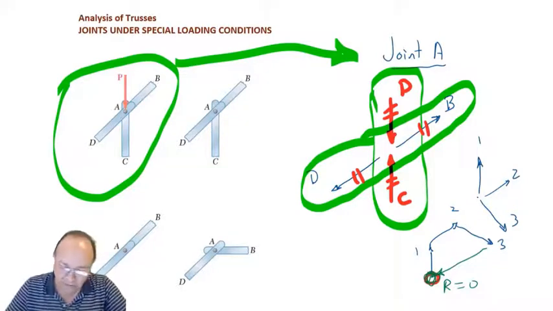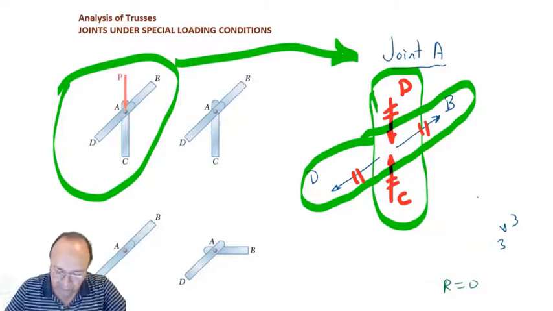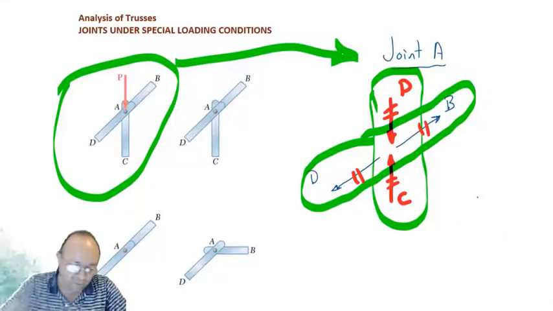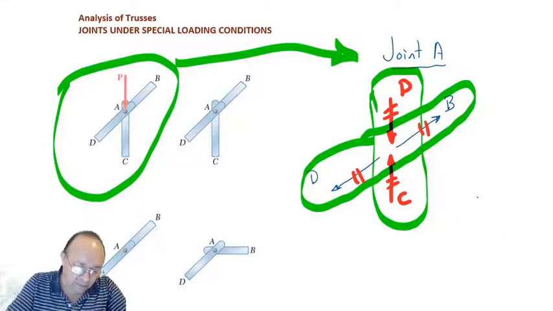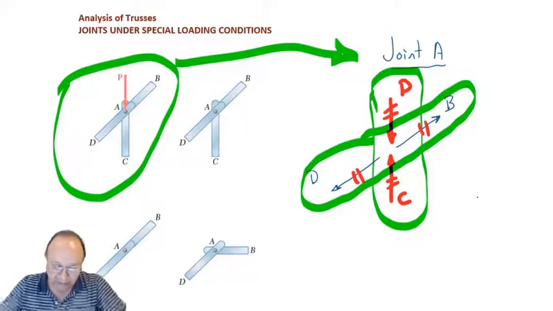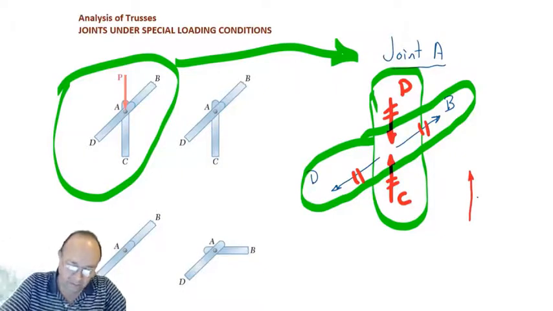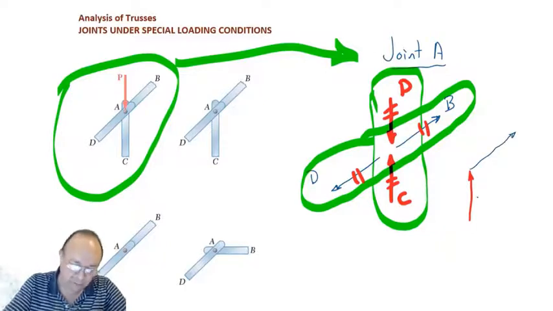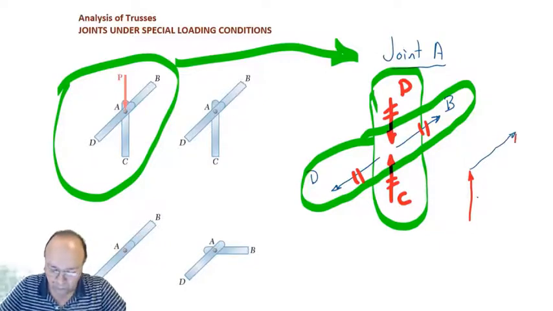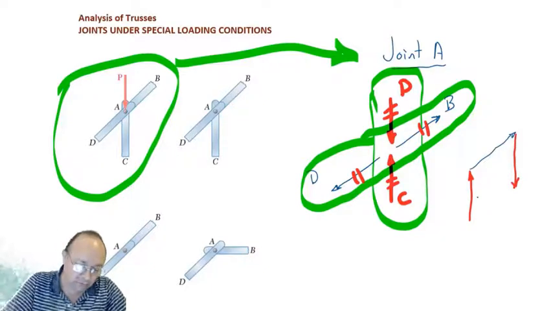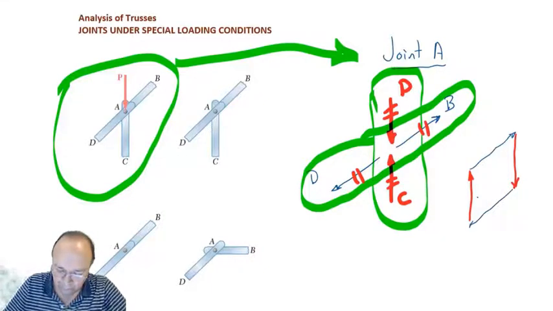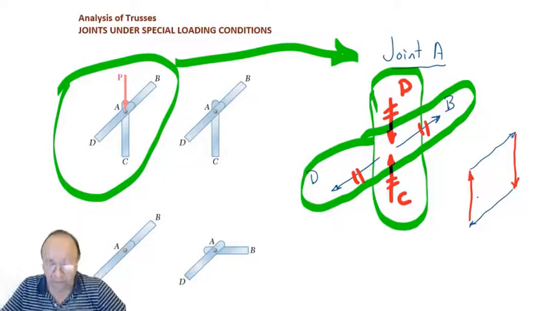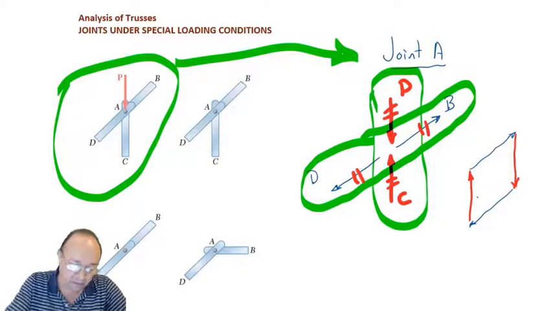So that's the case that we have here in this joint A, that we have four forces. If they are collinear by pairs, let's make the polygons. So we have C, then we have B, then I can put P, and then we can put D. And if this is a closed polygon, it is a parallelogram, and we know that in a parallelogram the opposite sides are the same length.